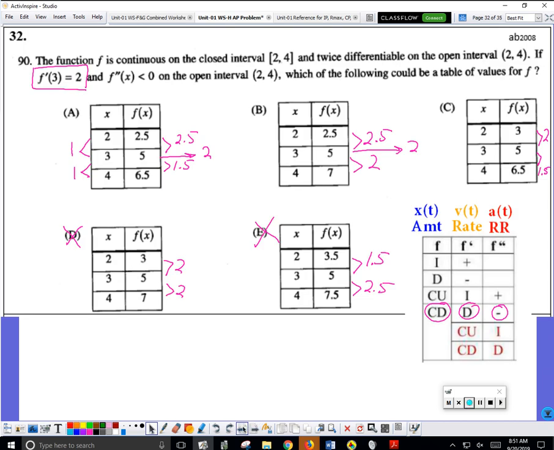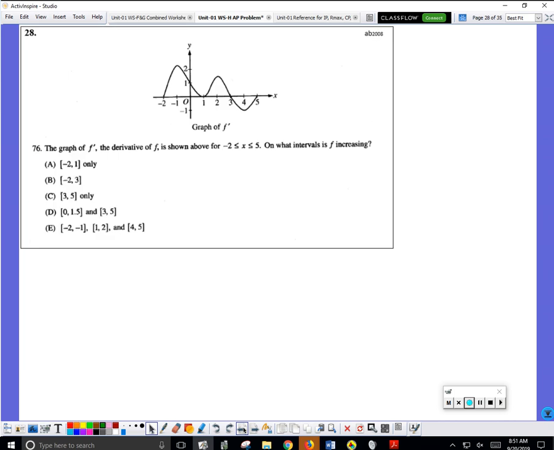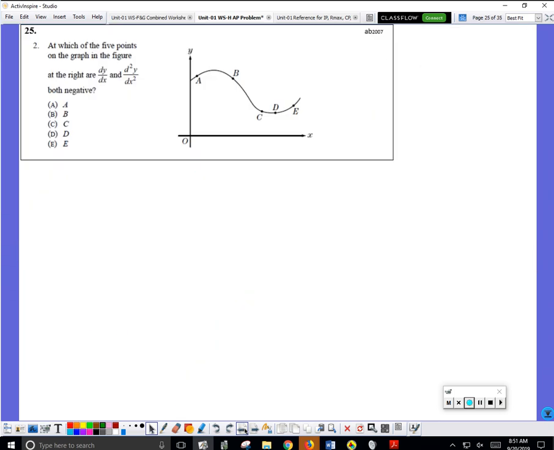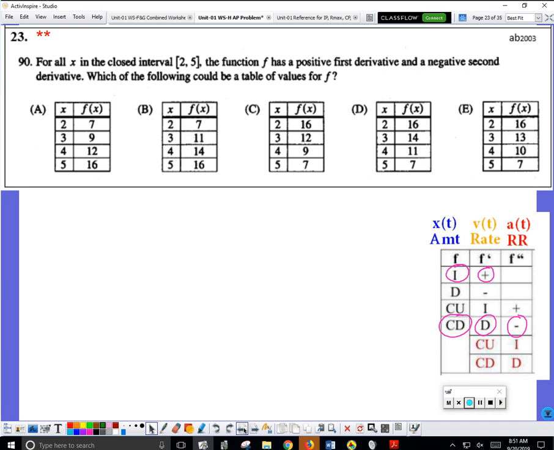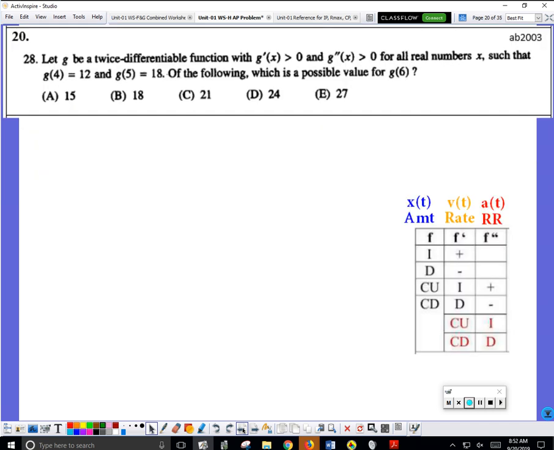So 32, 26, 23, and 20 all use the same concept. I don't recall if there's ones prior to that that do or not. But another thing that will help you tremendously in this class with this whole idea of learning conceptually instead of learning problems is identifying when problems are using the same concept, even though they look like different problems.